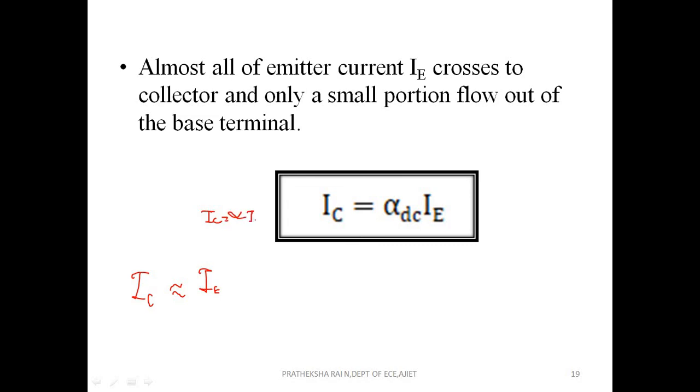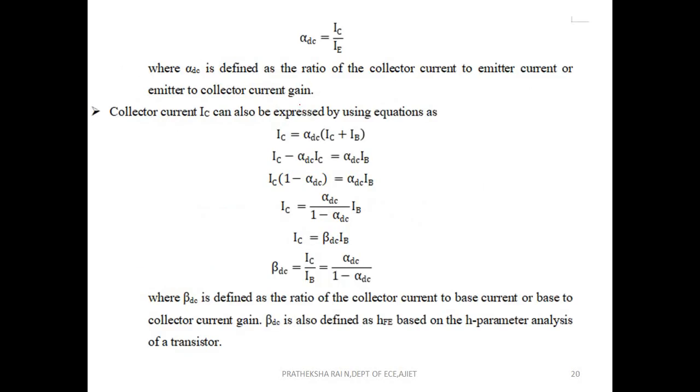Alpha is a gain factor, a kind of amplification factor, that makes the collector current almost equal to emitter current. So alpha DC can be written as IC by IE, where alpha DC is defined as the ratio of collector current to emitter current, or emitter to collector current gain.